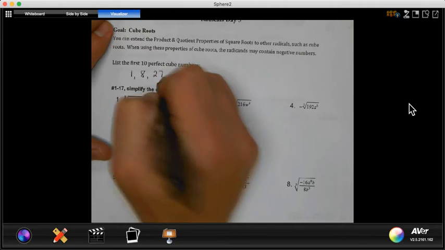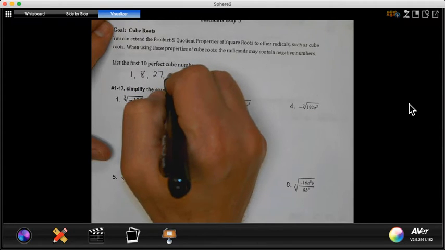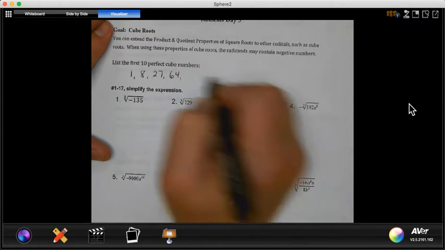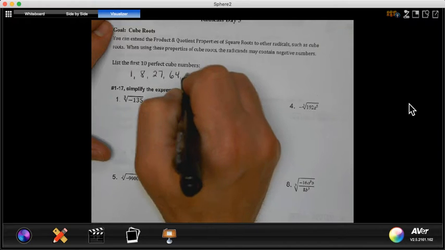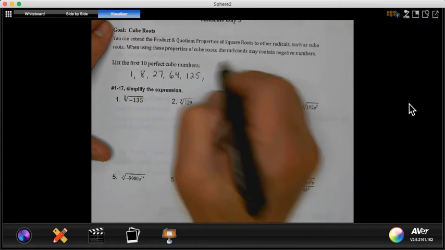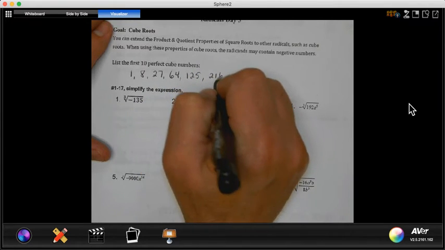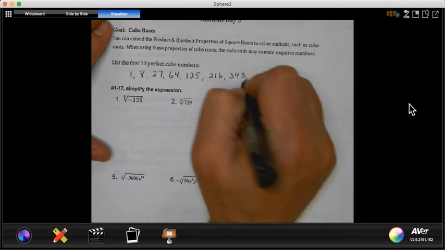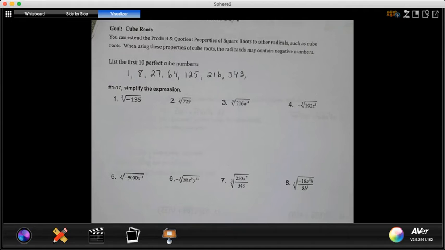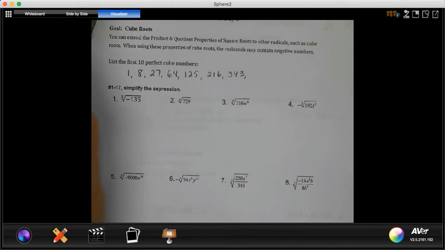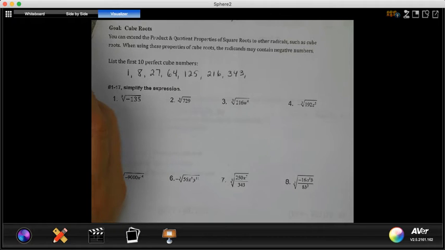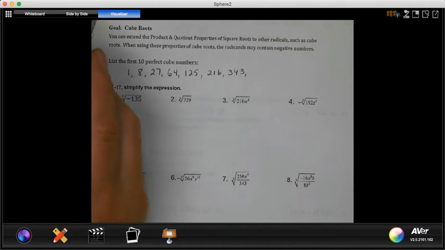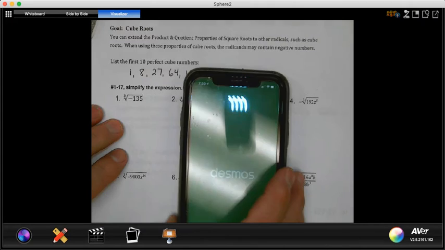Okay? So the first 10 perfect cubes are 1 cubed is 1, 2 cubed is 8, 3 cubed is 27, 4 cubed is 64, 5 cubed is 125, 6 cubed is 216, 7 cubed is 343. Ooh, I don't know what 8 cubed is, so I'm going to quick type it on my calculator. I can use my phone as a calculator.